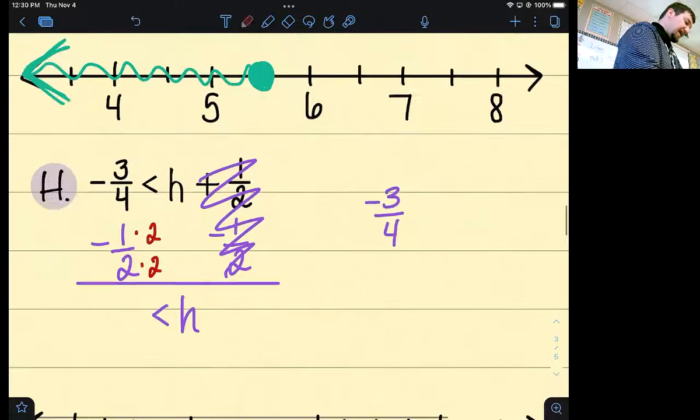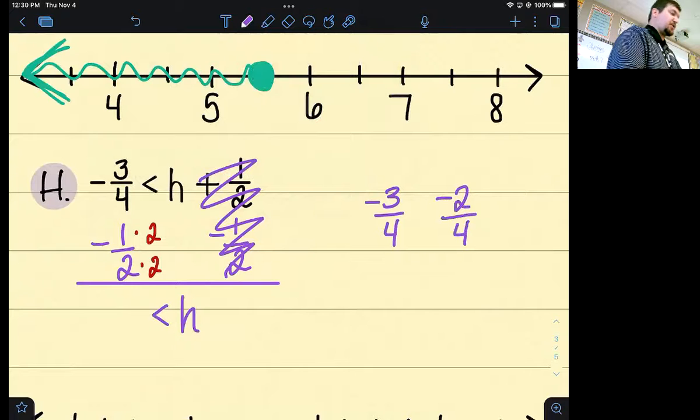That's going to give me a new fraction of -2/4. It's actually the same fraction, but changed so it's got the same denominator. If I told you I was combining -3/4 and -2/4, would you tell me that I would join forces or go to war? Join forces. So -3 and -2 make -5. So my answer is -5/4.